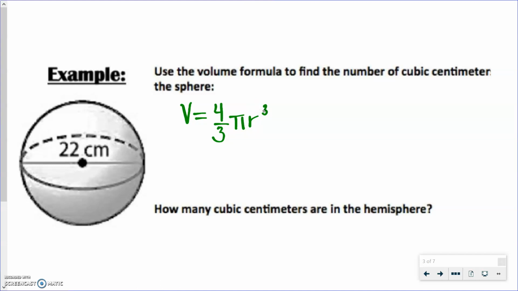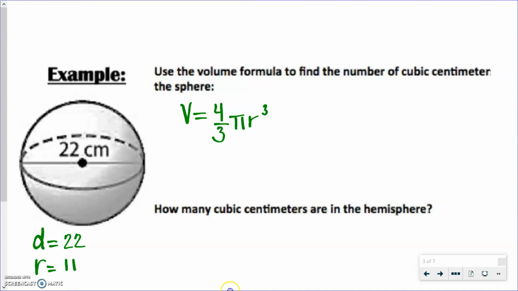First we need to identify our values. Here in the sphere, I am given the diameter, which is 22. My formula calls for radius, which is half of my diameter, so my radius is 11.